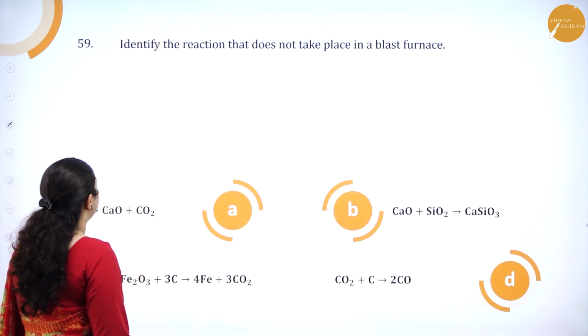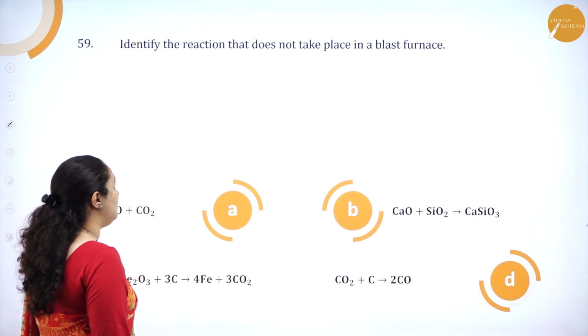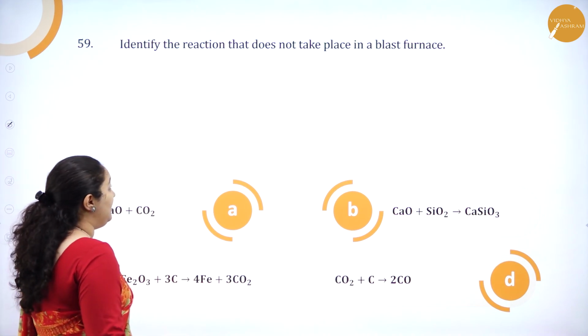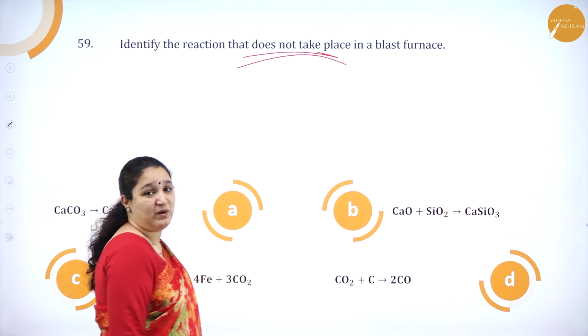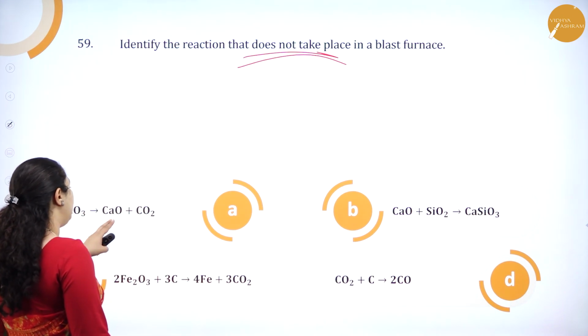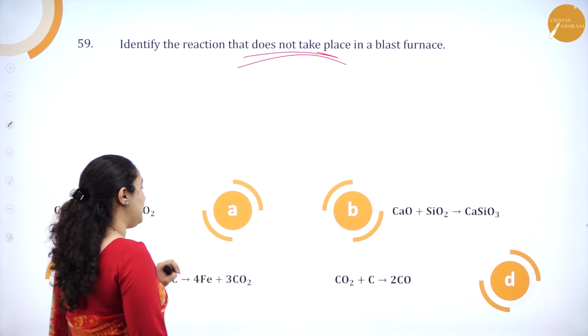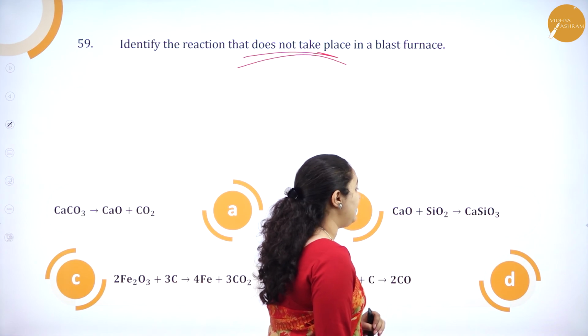Next question. Identify the reaction that does not take place in the blast furnace. We have to find out which one does not happen in the blast furnace. We'll see each option. Calcium carbonate decomposes to form calcium oxide and carbon dioxide. This happens, and here slag is formed.